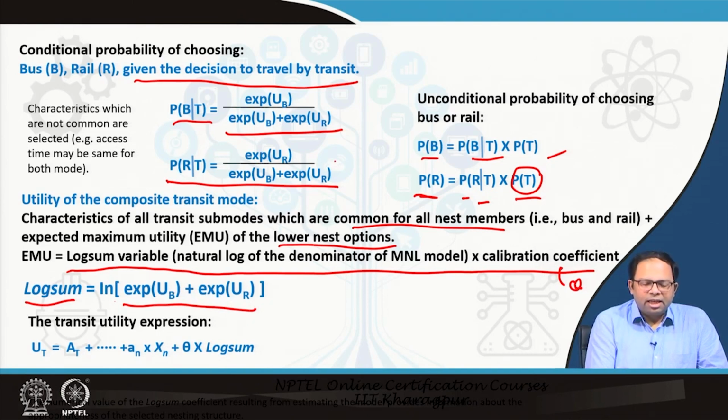So, this is basically the denominator of the lower nest model, with the log of it.